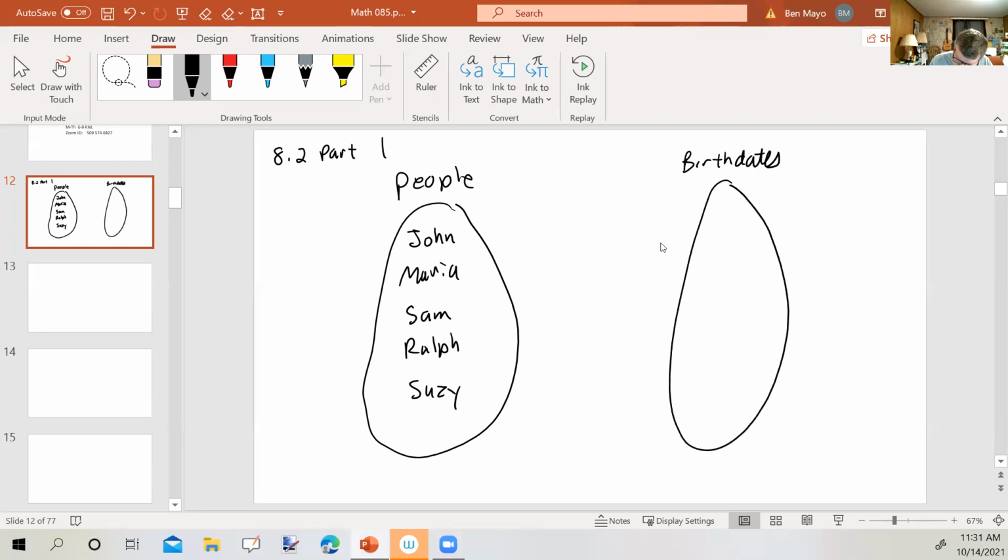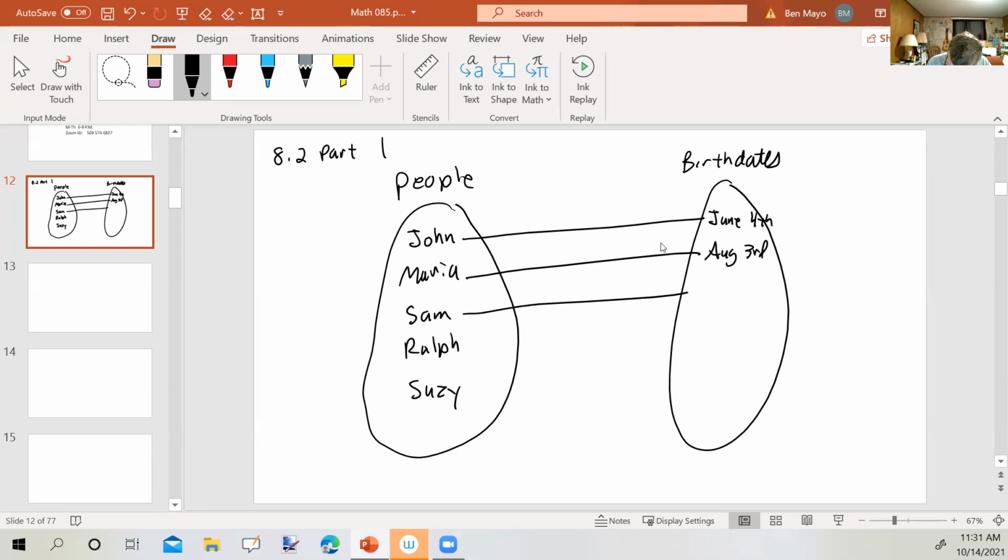John was born on June 4th. Maria was born on August 3rd. Sam was born on October 12th. Ralph was born on December 5th. And Susie was also born on October 12th.